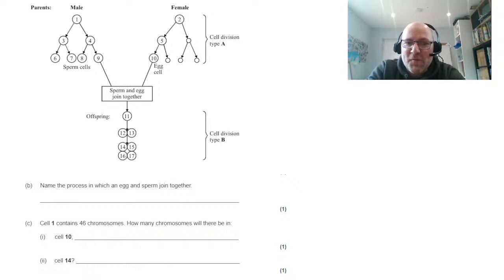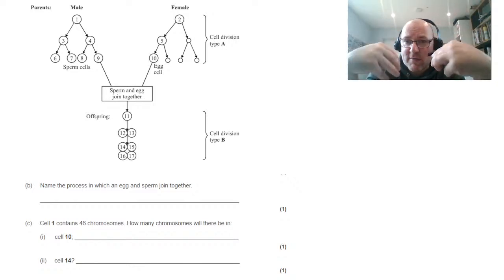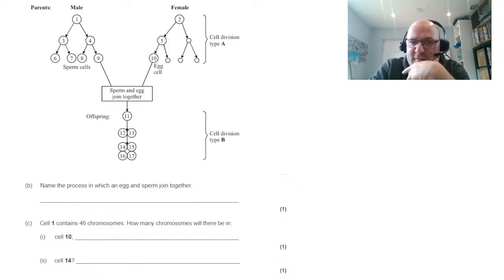Right, cell 14 is being made by mitosis, right? How many cells are in 14? Cell 14. Now, I can see why some of you thought that the second cell division was meiosis, because you looked at those 4 cells, 14, 15, 16, 17, and thought, oh, that's 4 daughters.